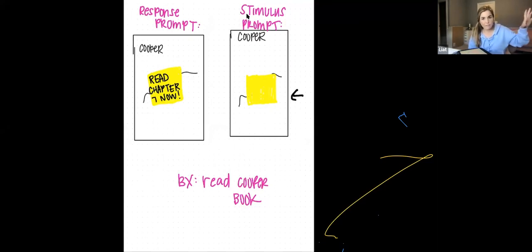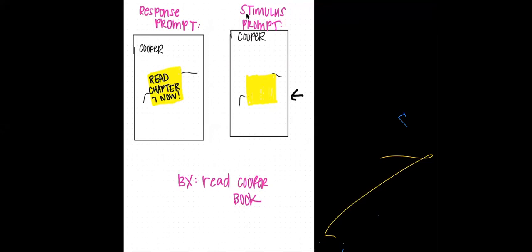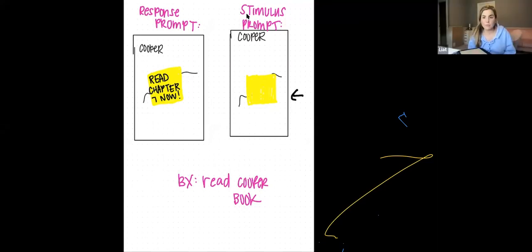So on the left, it's a response prompt because, who can figure out why? It's considered verbal. It's written. Exactly. It's a verbal response prompt. I'm telling them exactly how to respond, right? I'm telling them this is what you need to do. This is your response. Whereas on the stimulus prompt side, it's just a yellow Post-it. I'm not telling you how to respond, but I'm doing something to the stimulus, the book, to make it stick out more, okay?